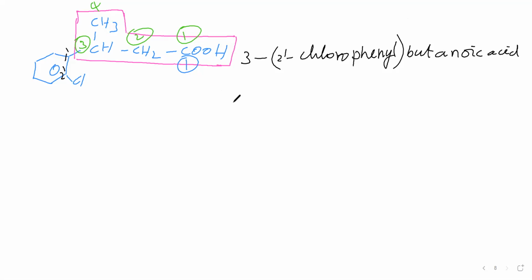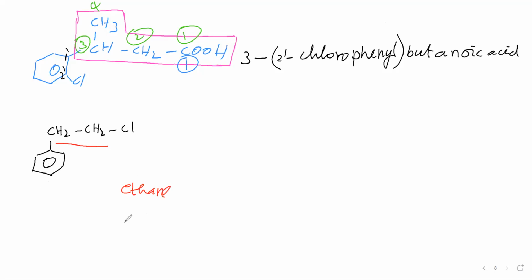Next compound we will take: CH2 single bond CH2 Cl, phenyl ring. This compound we have taken. Now name of this compound we will see. This we can say in 2 ways. One is these 2 carbon atoms we will take as parent, then ethane.